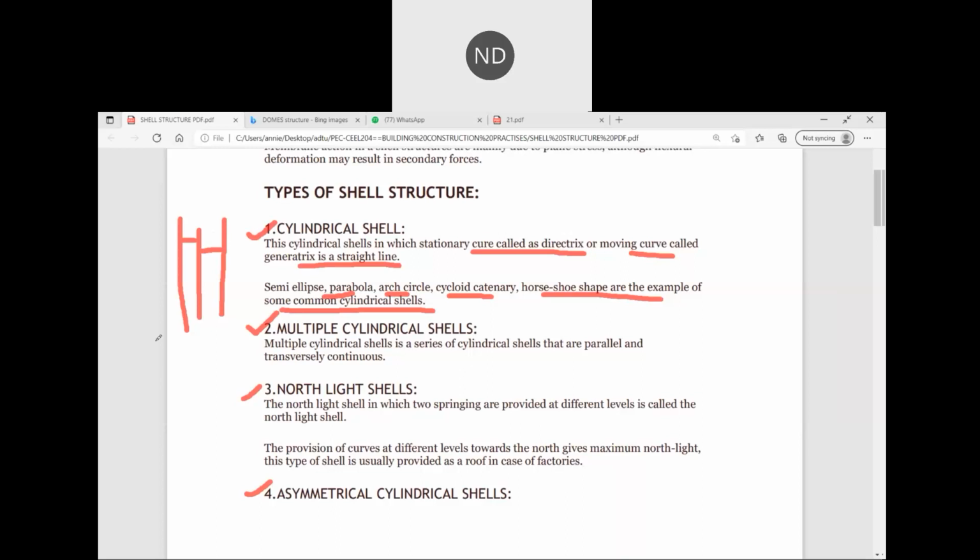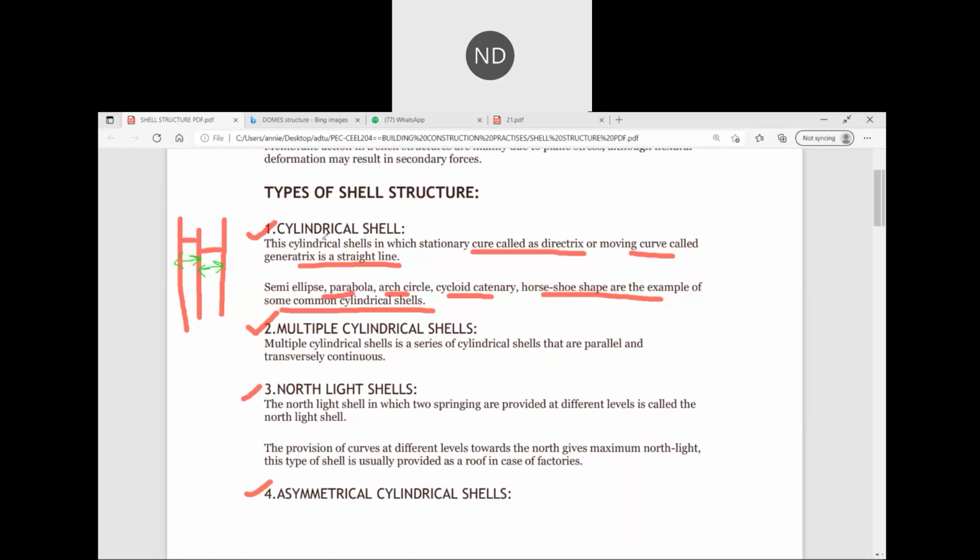You have this radius, and it is the same, so this is the fixed point here. This middle center one is your fixed point, that is known as your directrix. So a cylindrical shell will basically have a stationary, that is a fixed, directrix.